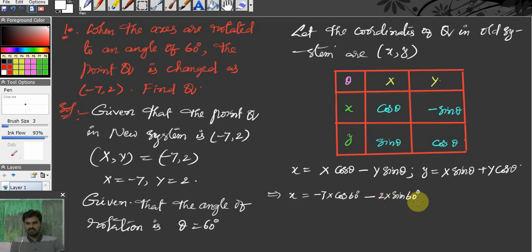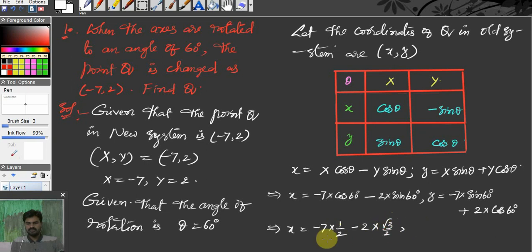So next one, in the same process, small y is equal to minus 7 into sine 60 degrees plus y, that means 2 into cos 60 degrees. Okay. So here small x is equal to minus 7 into cos 60 degrees, which is 1 by 2, minus 2 into sine 60 degrees, that is root 3 by 2.